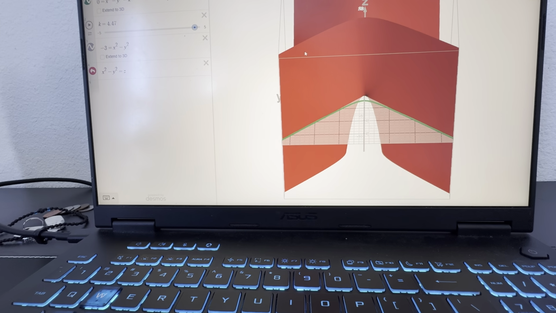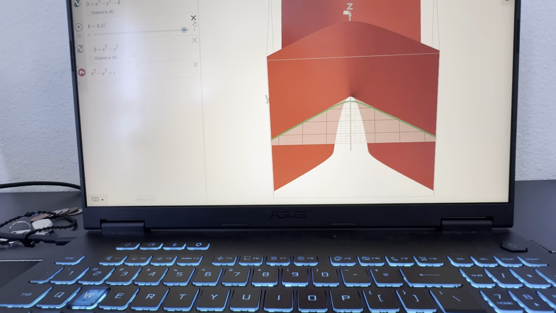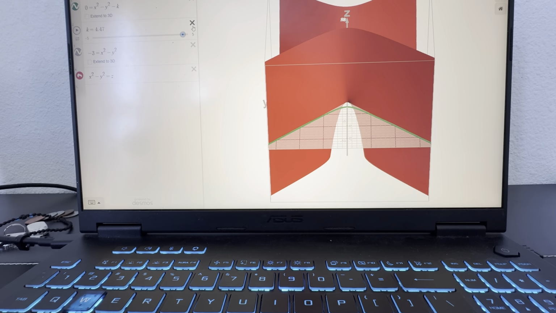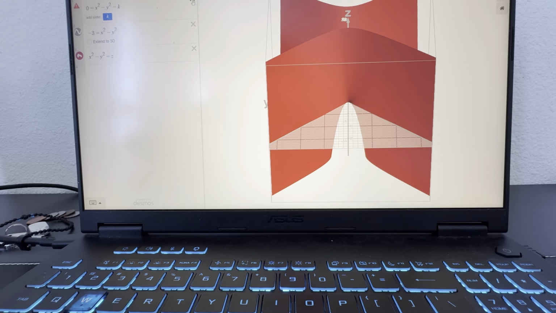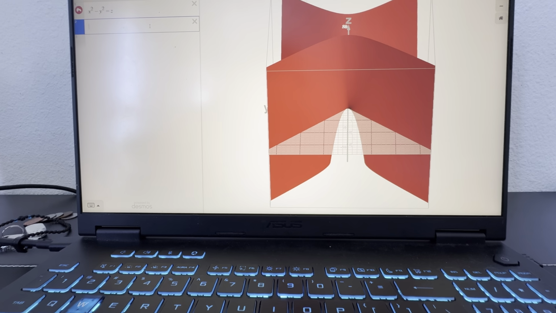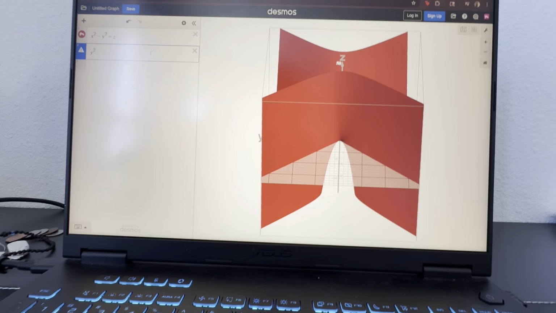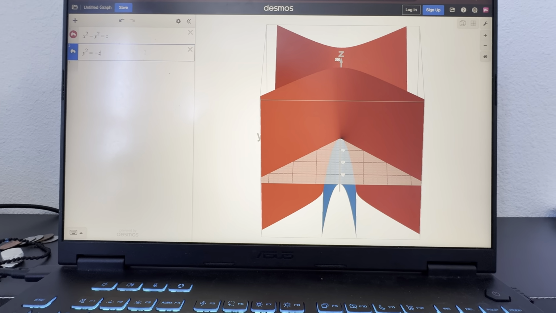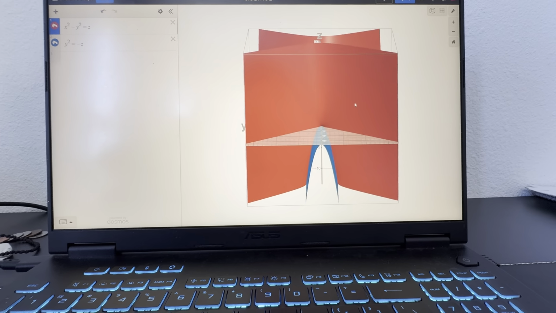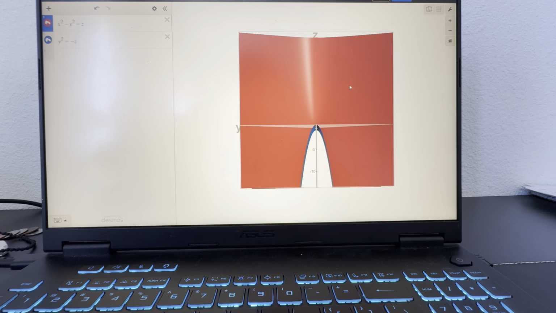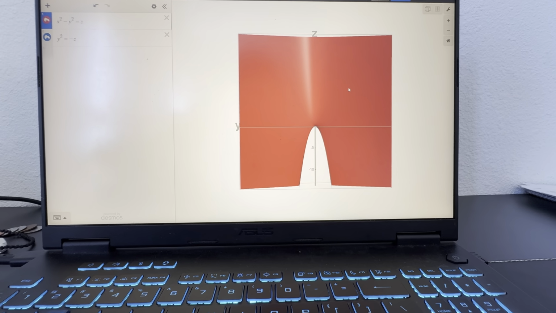And then here, what other cross sections do we have? We have y squared equals negative z. That's one of our cross sections, remember.